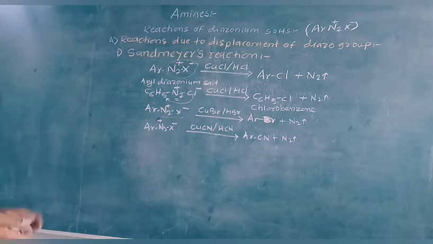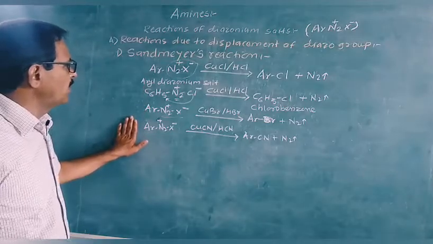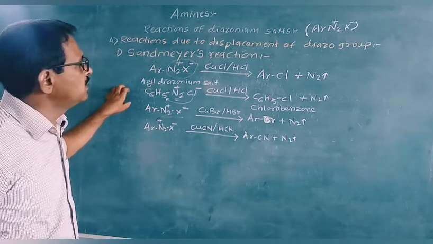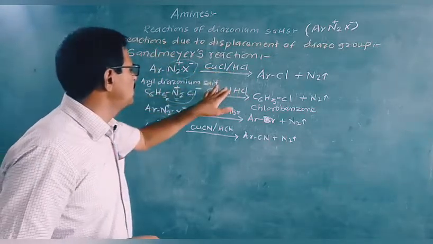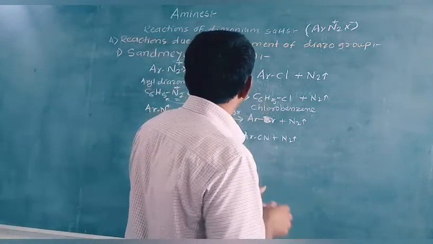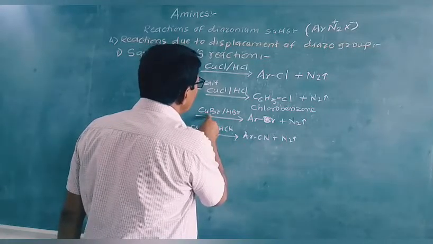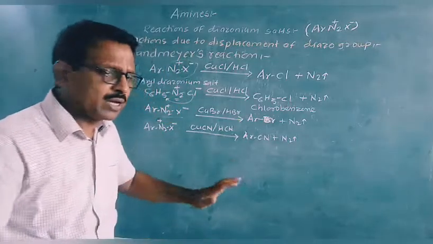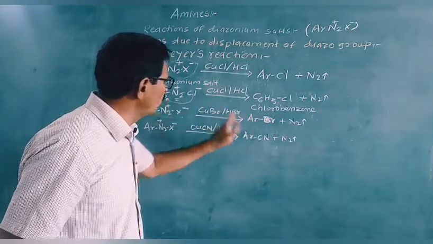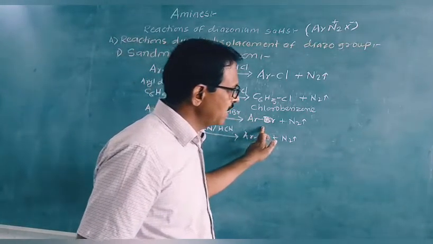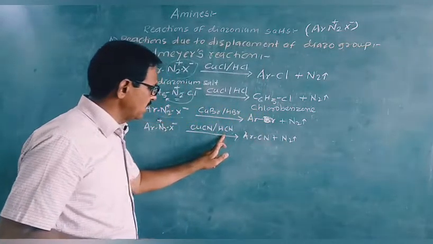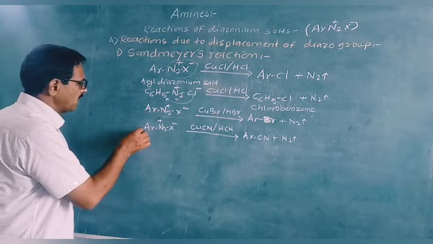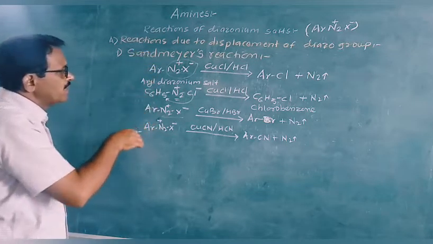All these are examples of Sandmeyer's reaction. Here in Sandmeyer's reaction we have CuCl with HCl, and CuBr with HBr. When we use CuBr and HBr, the group is replaced by Br. Then CuCl and HCl give ArCl. That is the Sandmeyer reaction.